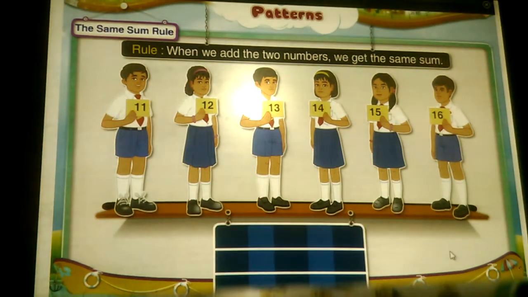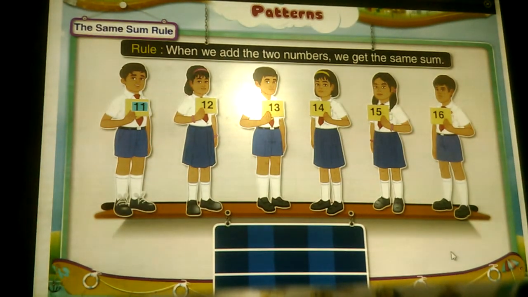Here the number first from left and the number first from right are 11 and 16 respectively. We will add 11 and 16. The sum is 27.